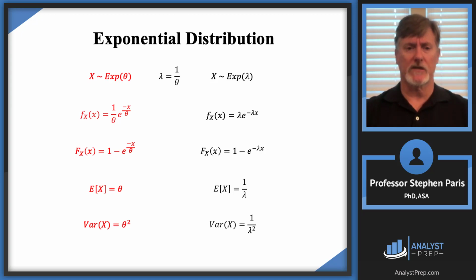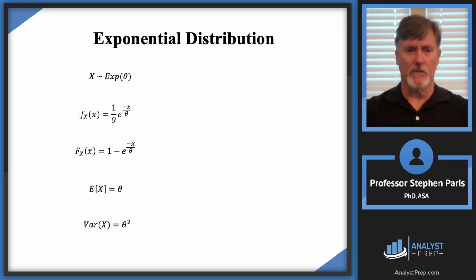That's not part of the P exam material, but using the parameter the way we use it as theta, it's a scale parameter, and if you use it the way they have lambda, it's not a scale parameter. So we're just going to be using the parameter this way. So that's how I'm going to represent the exponential distribution.